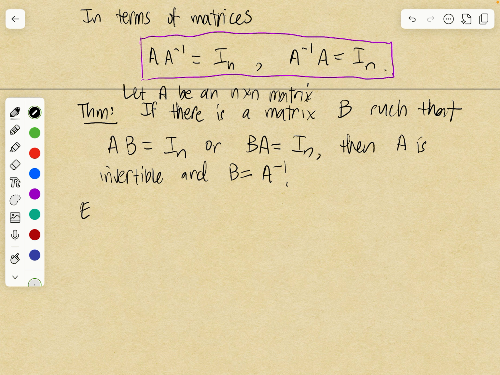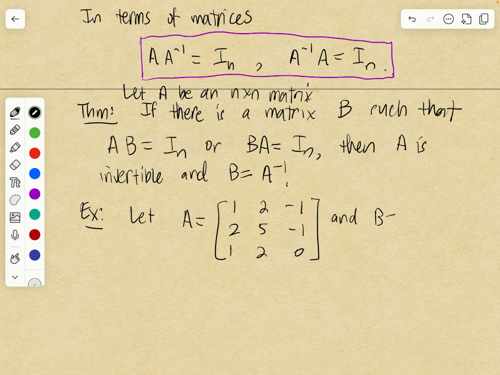So let's do an example. Let's say that A is this matrix: 1, 2, negative 1 is the first row. The second row is 2, 5, negative 1. The third row is 1, 2, 0.